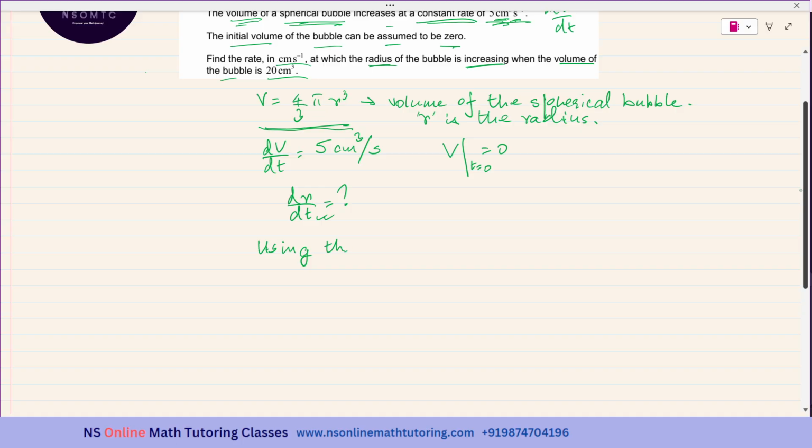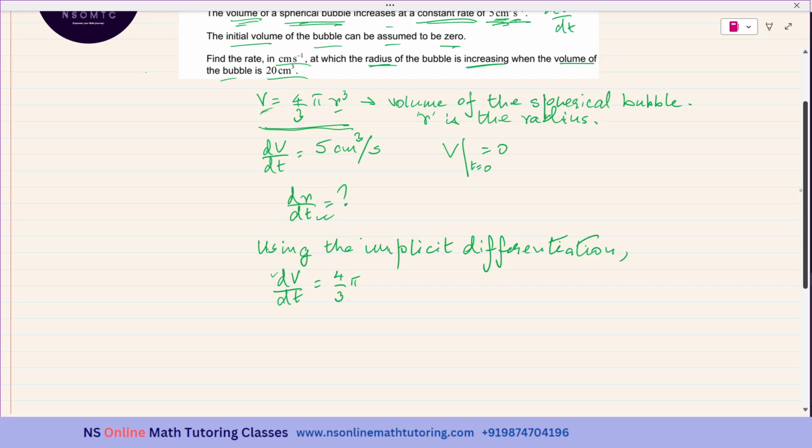So, using the implicit differentiation, dV by dt should be equal to 4 over 3 and pi. These are the coefficients, so they stay as they are. And we will be differentiating r cube with respect to t. So, V when differentiated with respect to t has given us dV by dt.